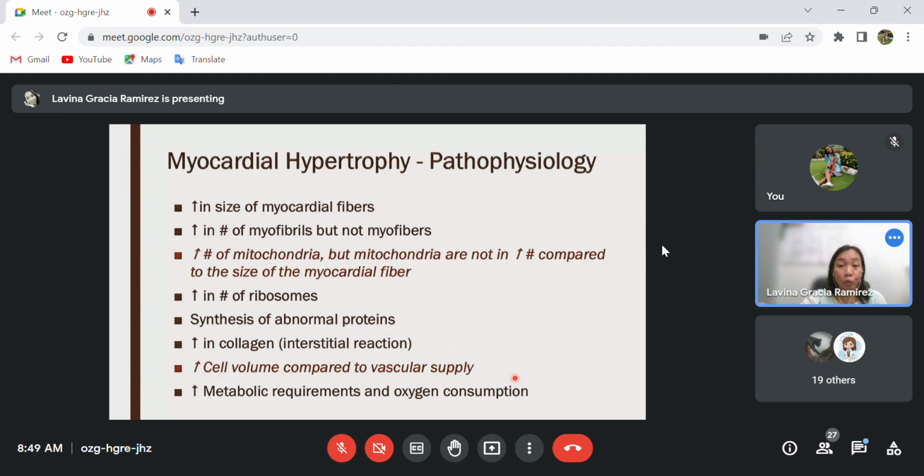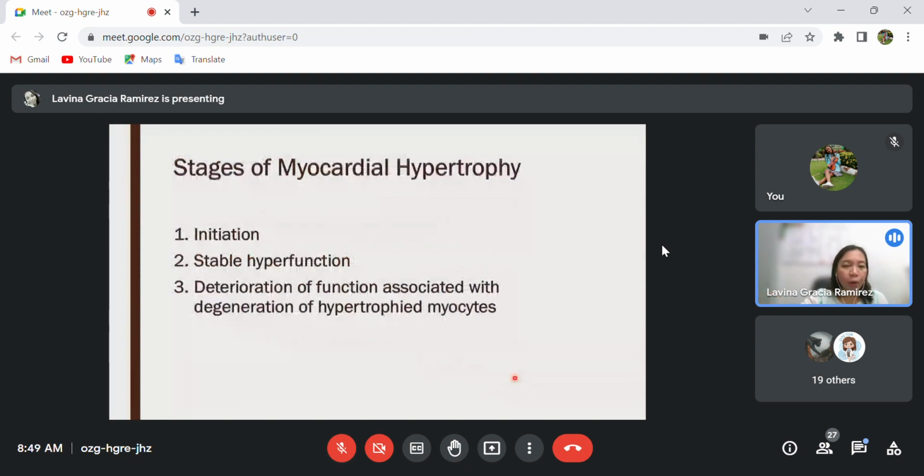Okay, so the stages of myocardial hypertrophy depends on the initiation, stable hyperfunction, and deterioration of function associated with the generation of hypertrophied myocytes. The number 3 now is the time, okay, na pwede nang masabi that the heart is reaching, okay, yung parang level ng saturation level.